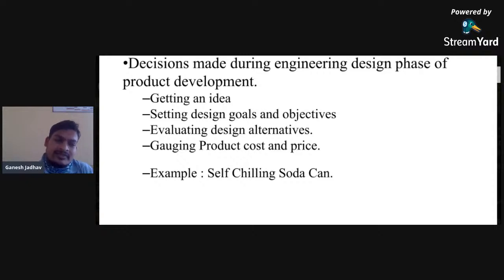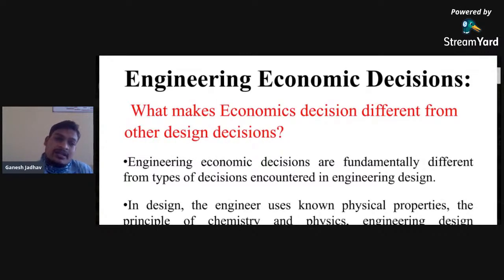So whatever economic decision we take about that particular product, they have taken one example about the self chilling soda can. Another problem is what makes the economic decision different from other design decisions. An economic decision is related with your money.